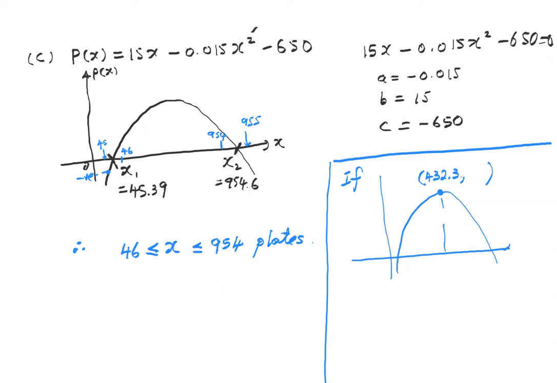So if I want to talk about maximum profit here, I cannot take 432.3. So what should I take? Should it be 432 or 433? I don't know. So what do I need to do? I have to test.